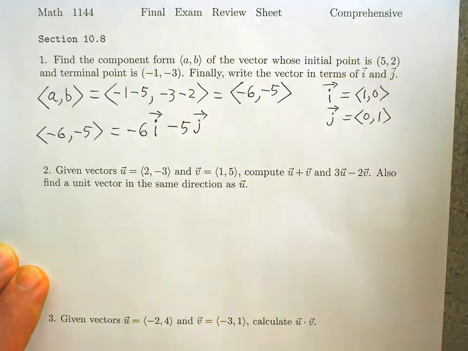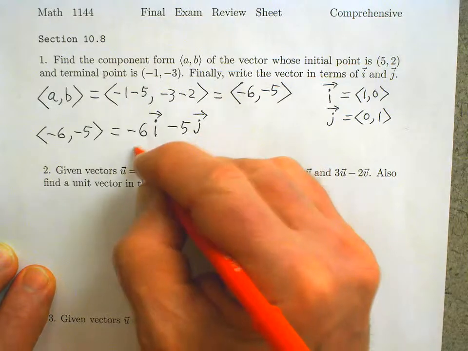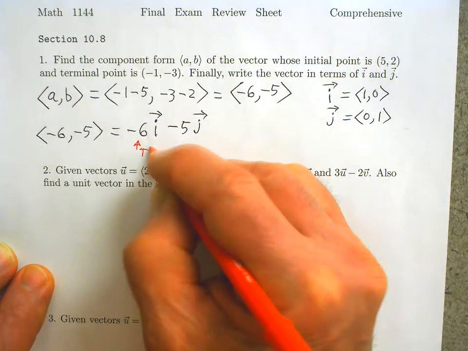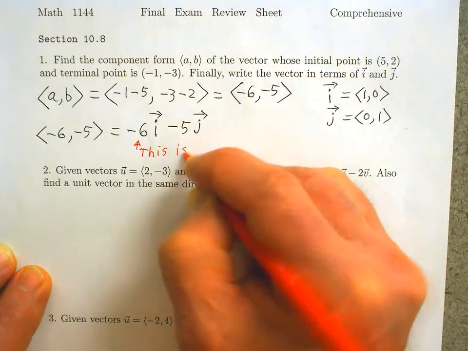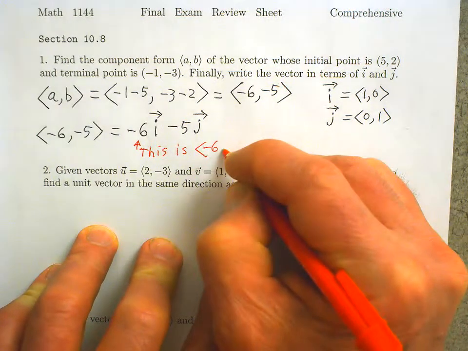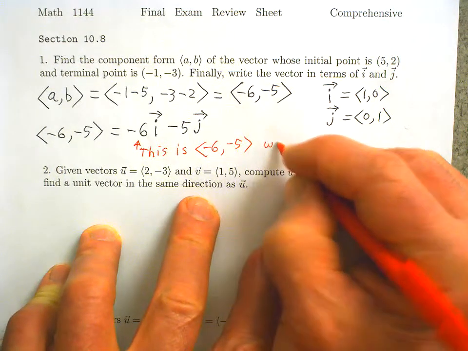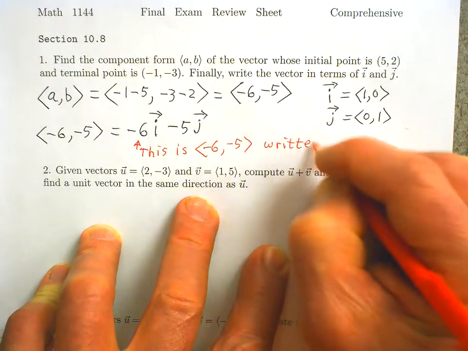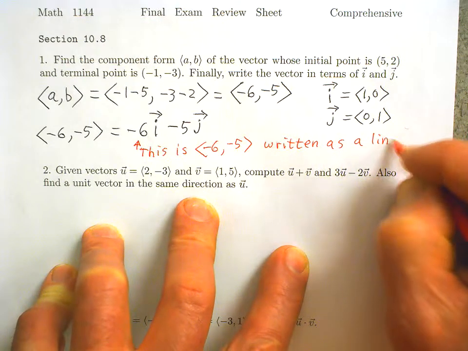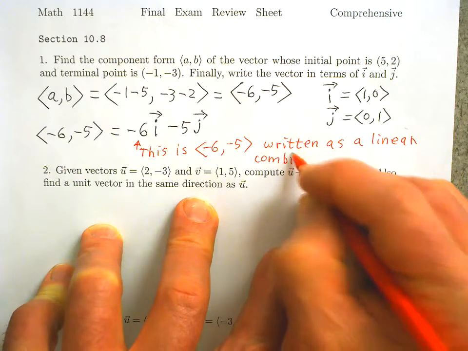So we refer to this as the vector negative 6, negative 5 in component form, written as a linear combination of vectors i and j.